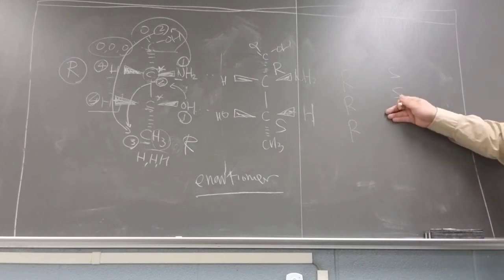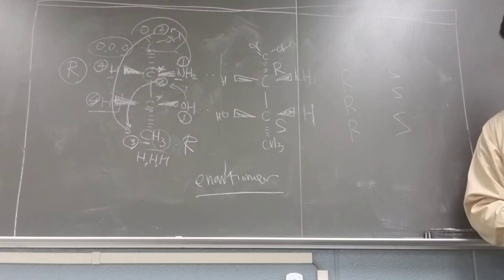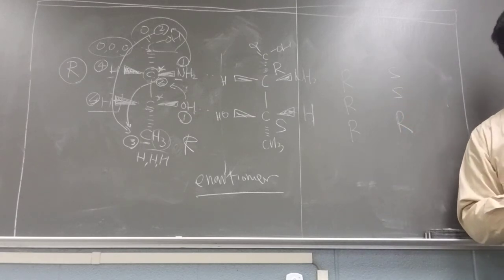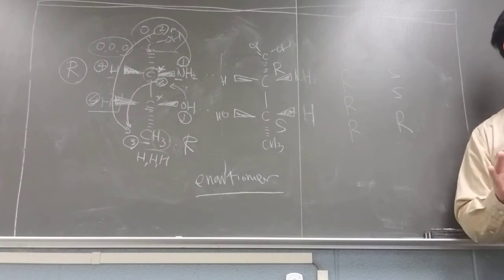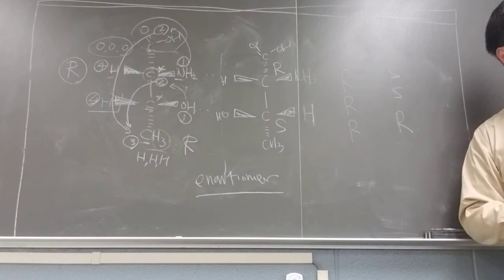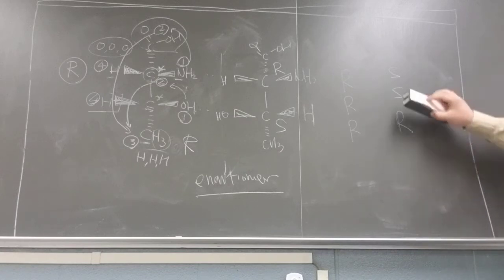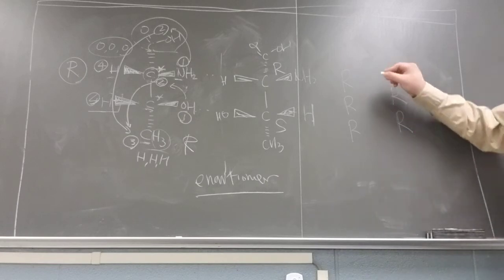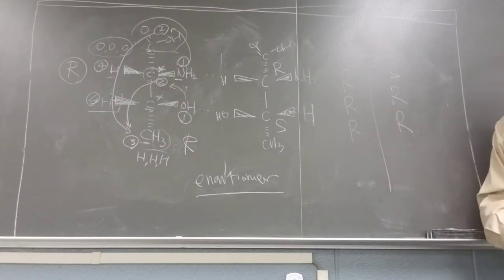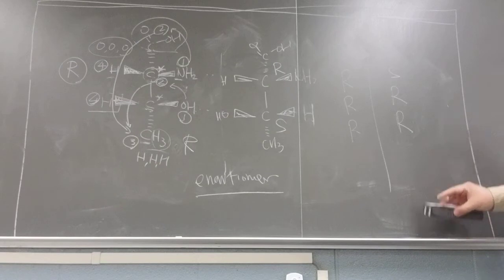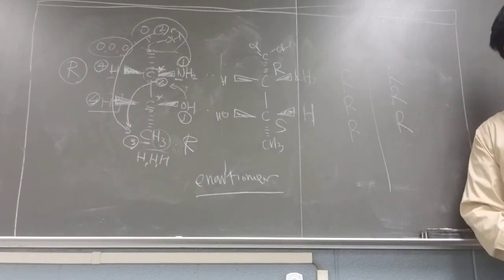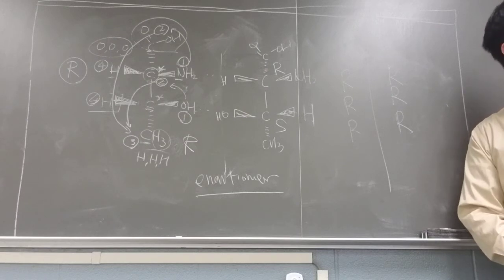So it could have been enantiomers of each other, but because of this one, they're not mirror images anymore, so they're diastereomers. So this will still also be diastereoisomers as well. But this one, they're the same. Makes sense, right? Kind of.